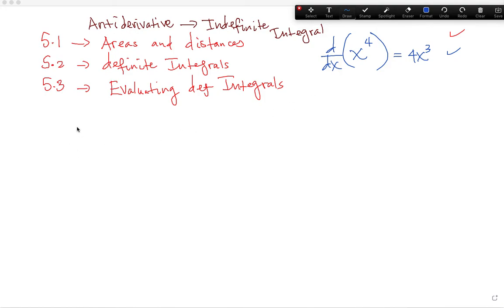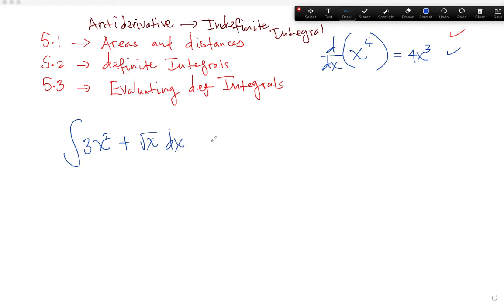Okay, so let's say that this time I gave you 3 x squared plus square root of x dx. So what would you do here? Taking the antiderivative?